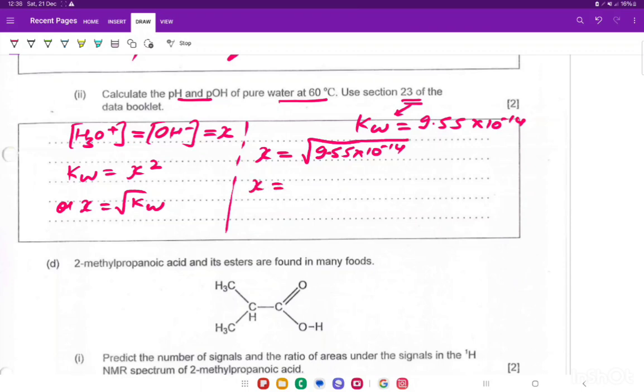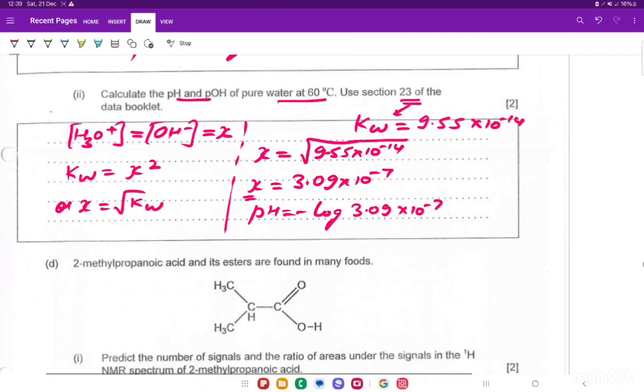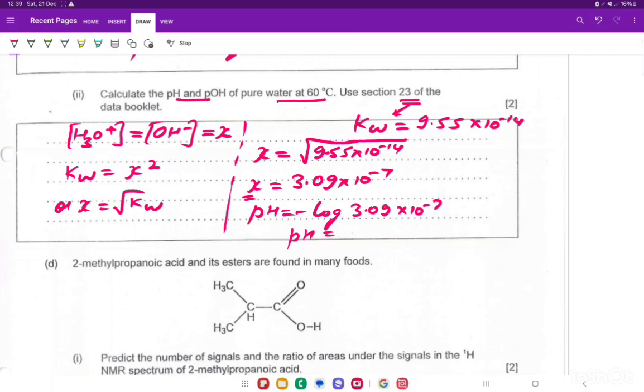The value comes out to be 3.09 into 10 to the power minus 7, which is equal to the H3O plus ion concentration. Hence pH will be equal to minus log of 3.09 into 10 to the power minus 7, and pH comes out to be 6.51.